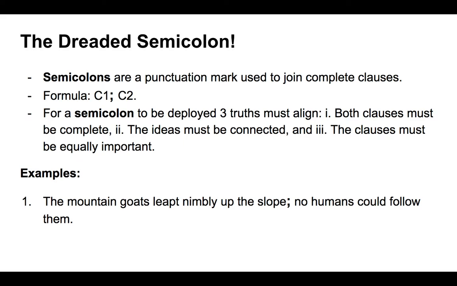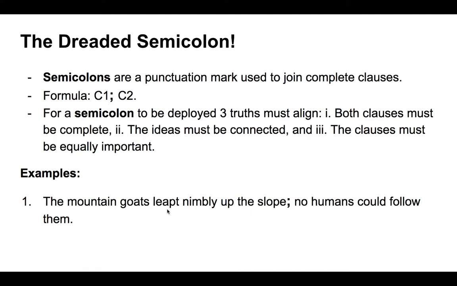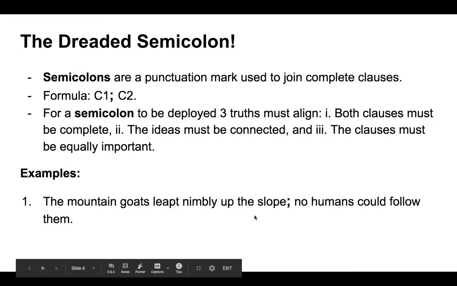So let's make sure that our parameters, our truths, have been met. Does the first clause have a subject and a verb? Yes, it does. Mountain goats is the subject. Leapt is the main verb. The predicate would be this whole chunk here, right? Leapt nimbly up the slope.